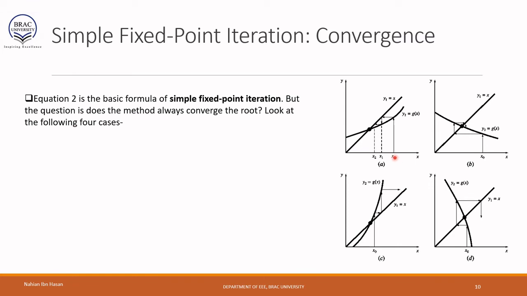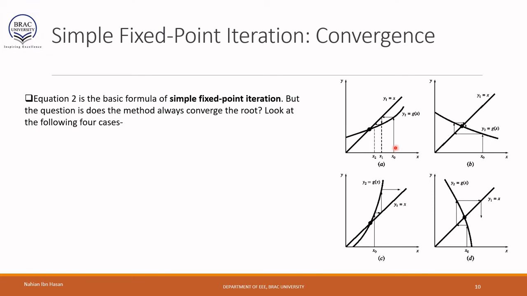We calculate the function value g of x at this point, and this is going to be our initial point for the next iteration, that means x1, which is the first root after the first iteration. Similarly, in the second iteration we get our second root x2. Look at this, the function values gradually converge to the original root.